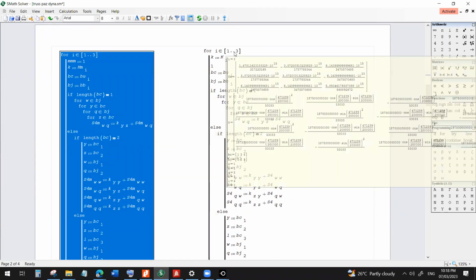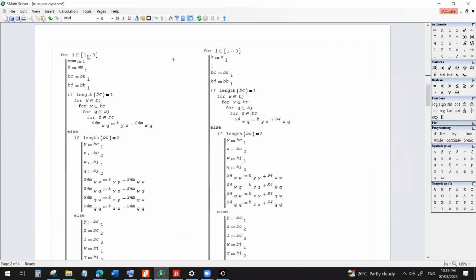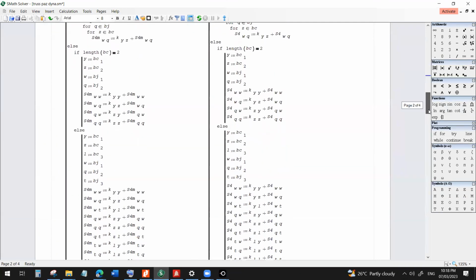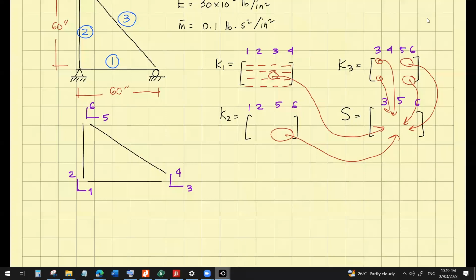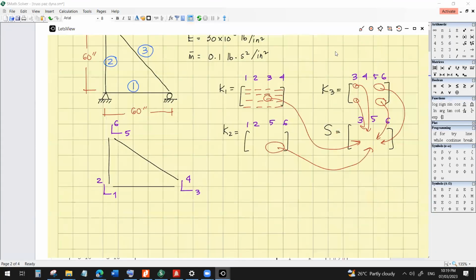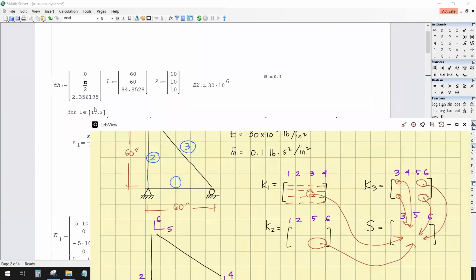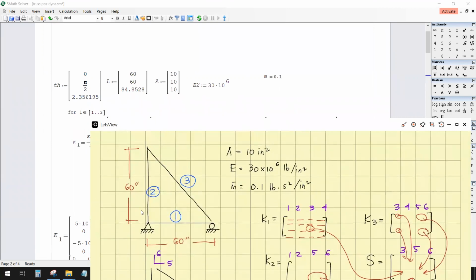Of course, you will look for 3 members. Upon input, you also enter the theta values. For example, the theta of member 1 is 0, since it is horizontal. Member 2 is vertical, so that's 90 degrees, which is pi over 2.